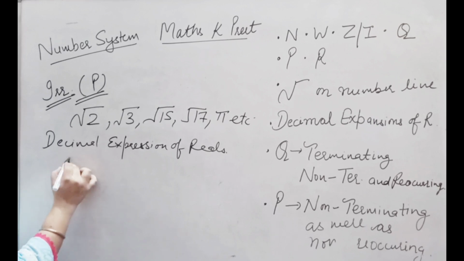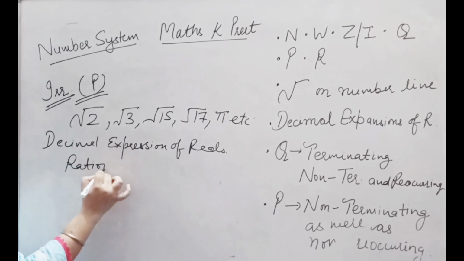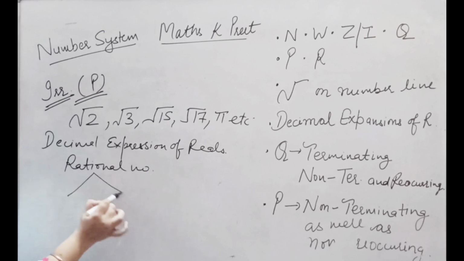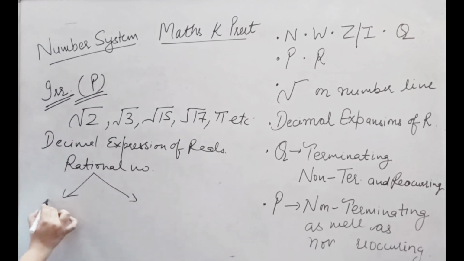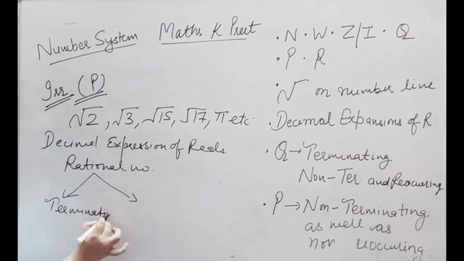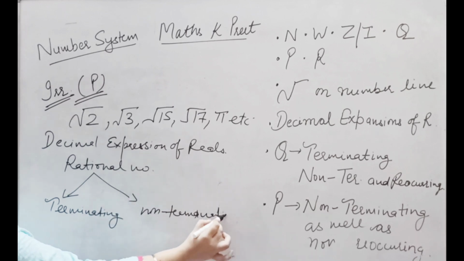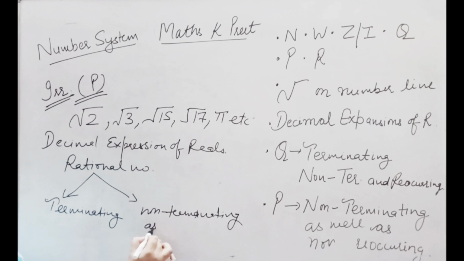So if we have a rational number in decimal, it may be of two types. One is terminating. The other is non-terminating as well as reoccurring.